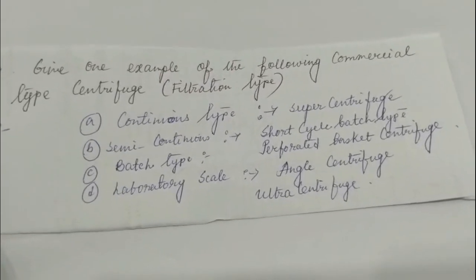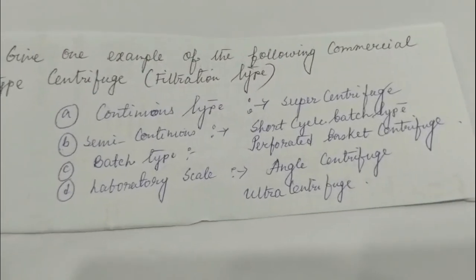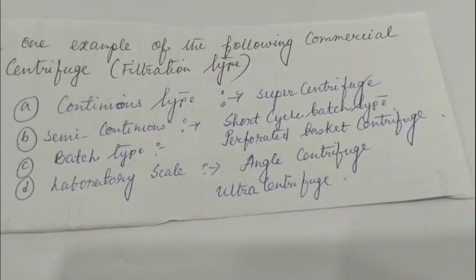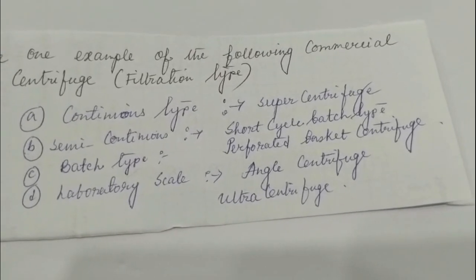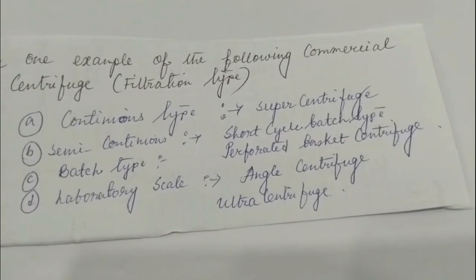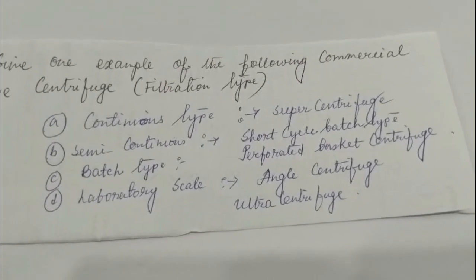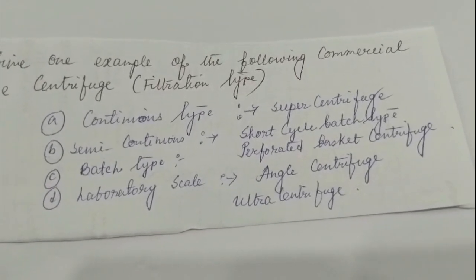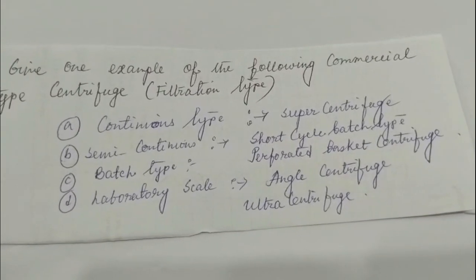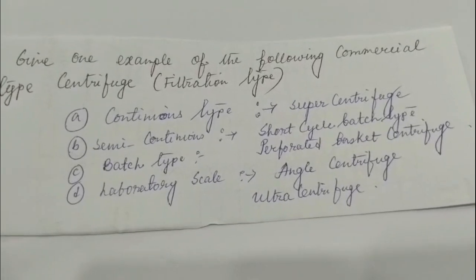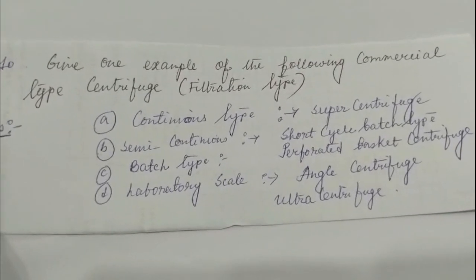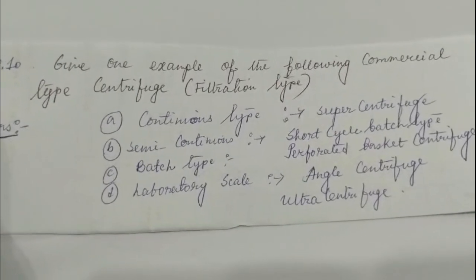Continuous type is super centrifuge, semi-continuous is short cycle batch type, and perforated basket centrifuge will be in batch type, and laboratory scale angle centrifuge and ultra centrifuge. So they may ask you in a short question, give one example of each of the commercial type centrifuge, which is filtration type. So all those are filtration types.